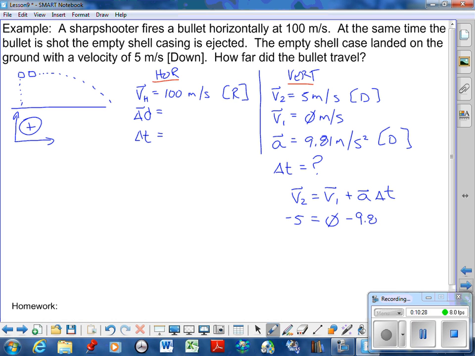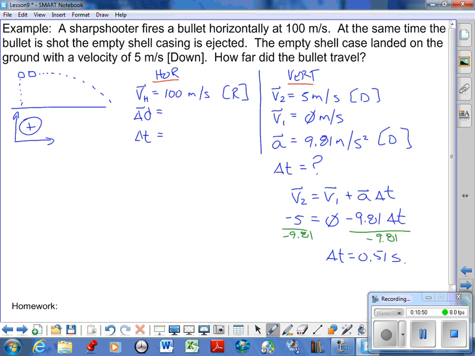Acceleration's negative. I'm looking for delta t. So now I just have to do the division here. So divide both sides by negative 9.81. And we find that 5 divided by 9.81 is 0.51. So delta t is 0.51 seconds.